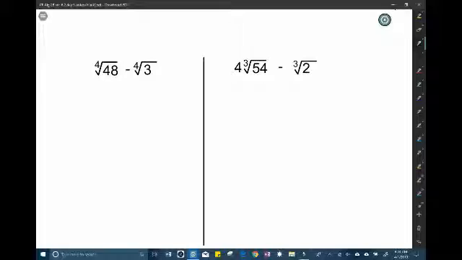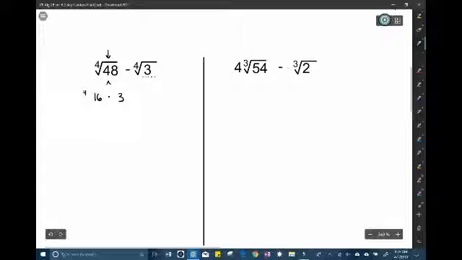What you have to do first is try and break it down to see if anything does simplify. So again, this is going to take all of our skills from before. 48 we know is the same as 16 times 3.